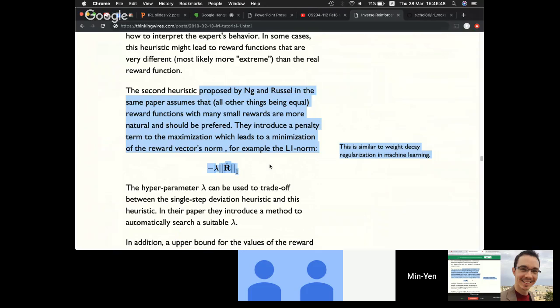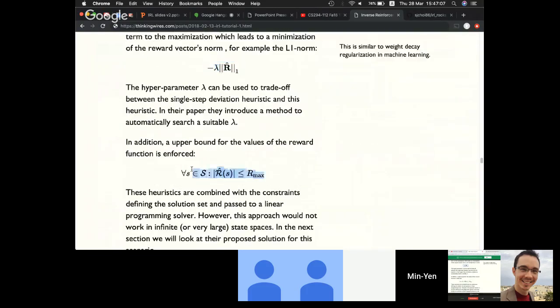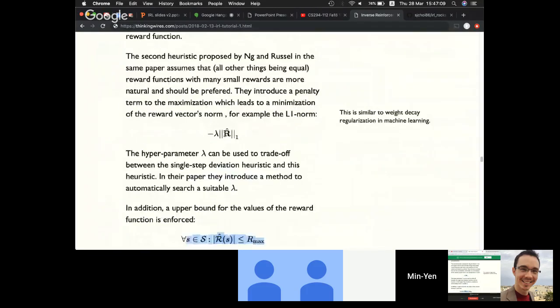Yeah, I took the second heuristic to mean exactly this, that they're putting this L1 norm on the estimated reward with another hyperparameter, right, that they're using. But you're saying that you think Rmax is still part of the part where you're trying to cap the reward function estimate from being too wild.